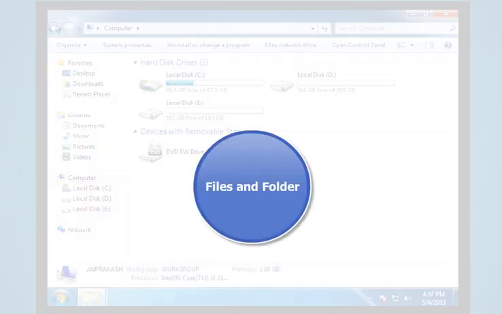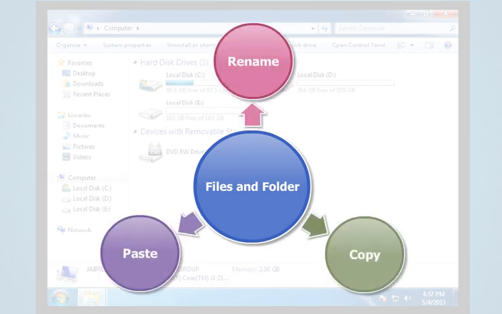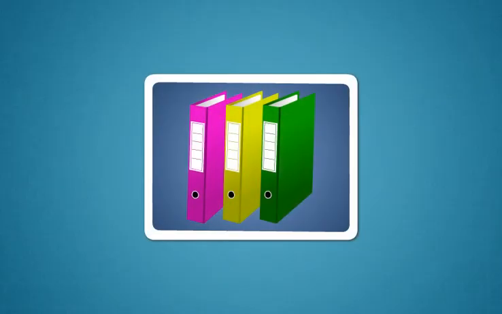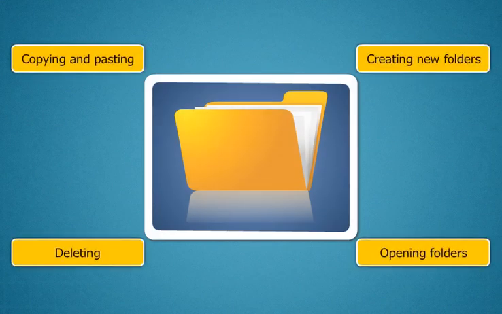After creating a file or folder, we can rename it, copy and paste it at other location, or simply move from one location in the computer to the other location. We can also delete a file or folder if we don't require it. If we manage our files and folders well, it saves us a lot of time and helps us work more efficiently. To manage files and folders, we need to be able to work with files and folders.